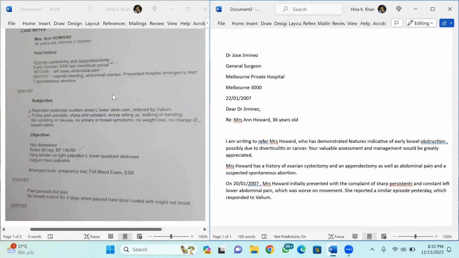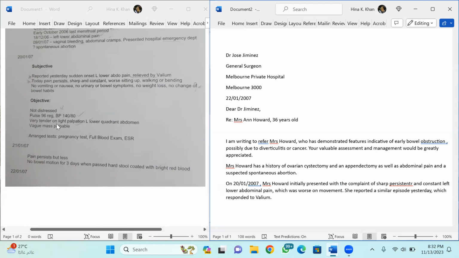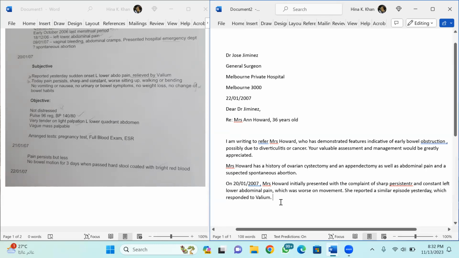Now we are writing something very contrasting. We have written everything that is positive. Now we are going to write the negative findings. So you can also write here, however. Okay, you can use this, however, she denied having. Now you can just change the sentence also.